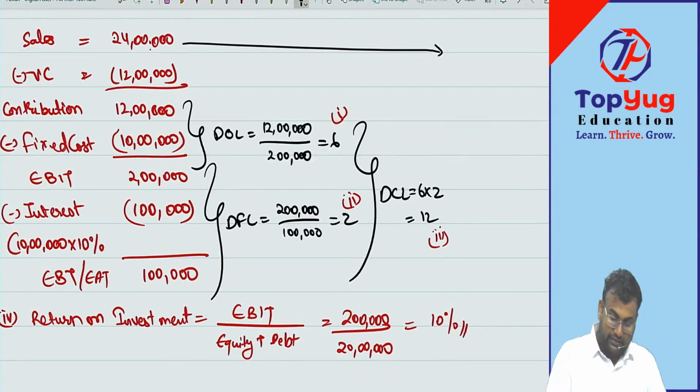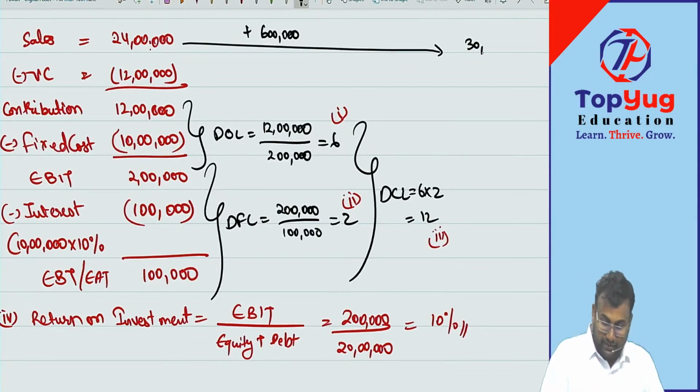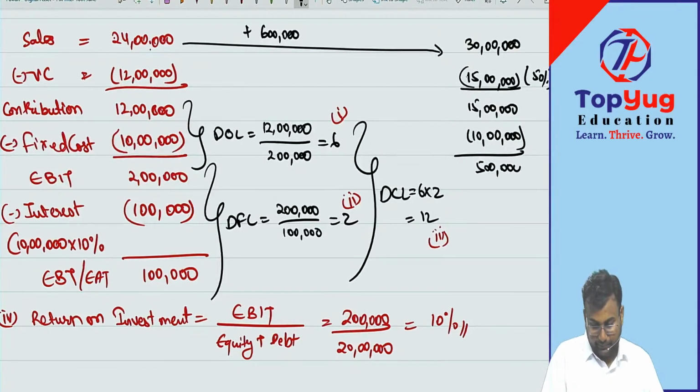If the sales increase by how much? So how much will we see as new sales? VC would be 50%, contribution 15 lakhs, fixed cost will remain fixed at 10 lakhs. How much is my new EBIT?